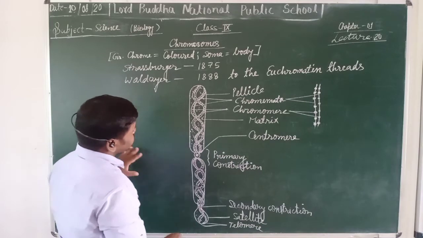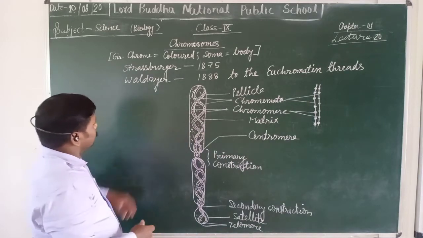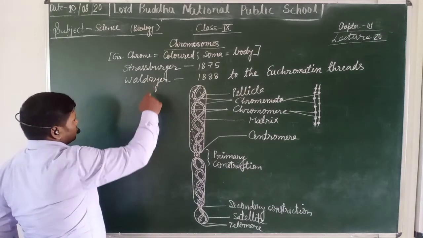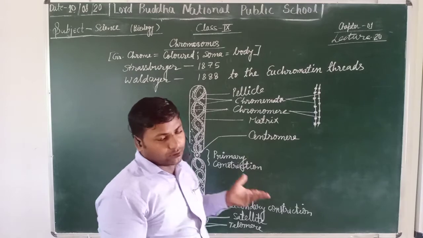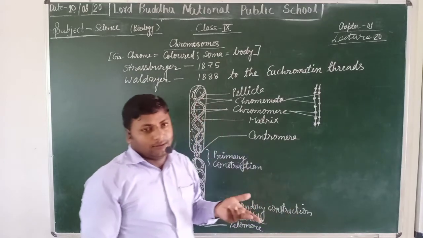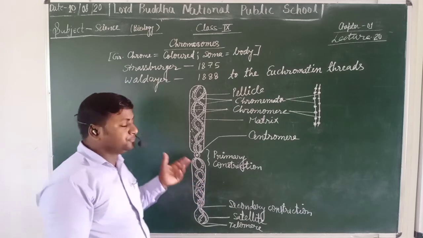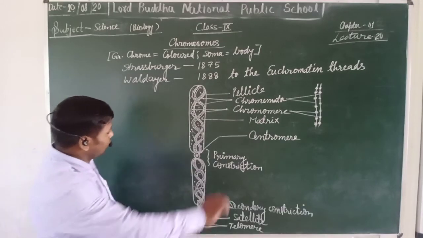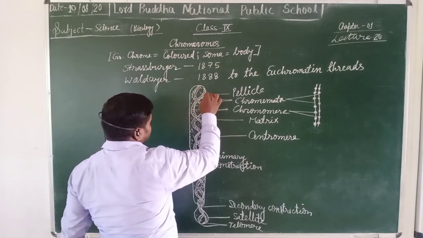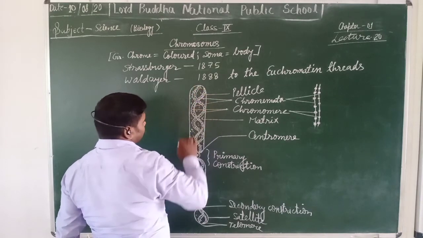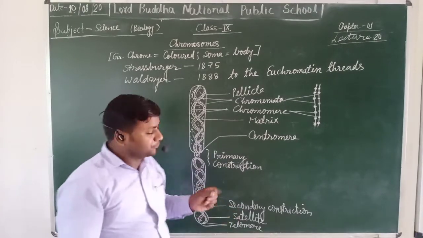Now students, I will describe the chromosome, what its function is, what important role it plays in our cell as well as the cell cycle, and how it provides every organism the ability to continue its progeny.